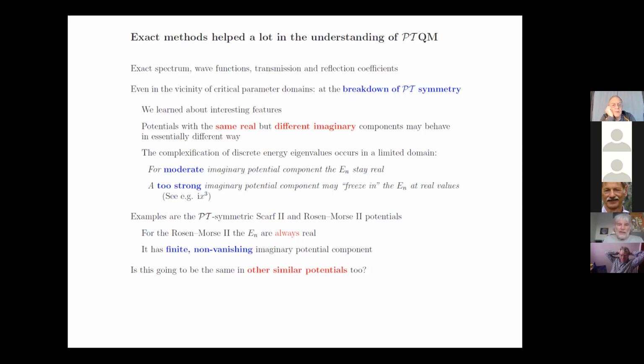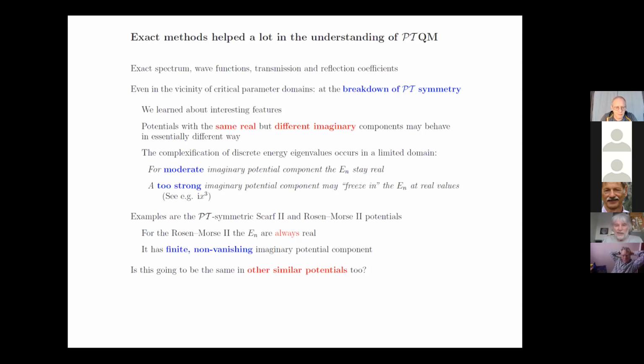And if we are too far away from the Hermitian situation, if we have too strong imaginary potential, then sometimes we find that the energies are again fully real, and they seem to be frozen in a real state. It is the case like in the ix³ potential. So there are some examples where these effects can be studied analytically.